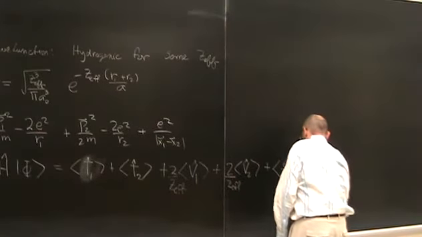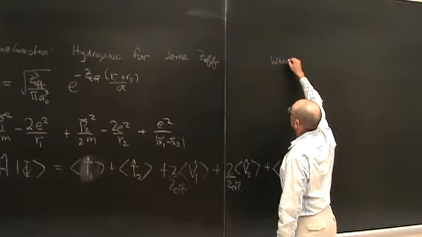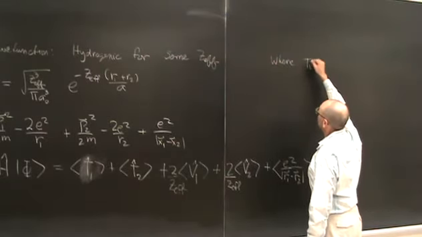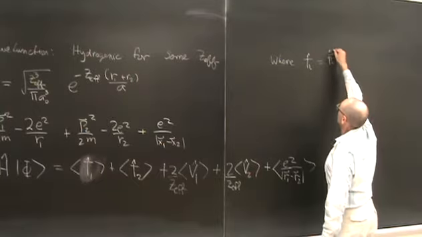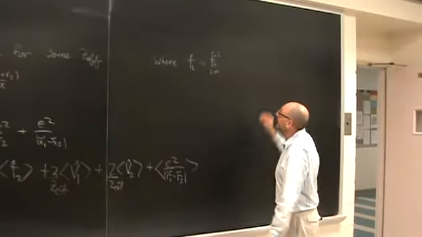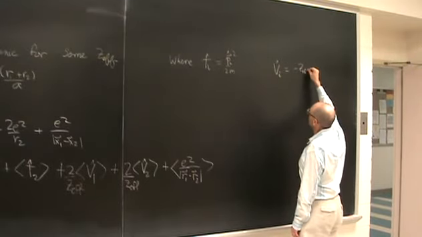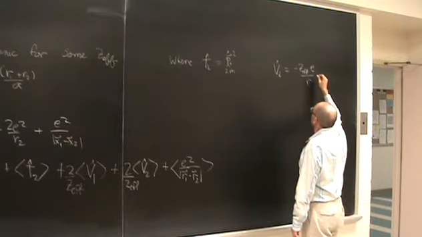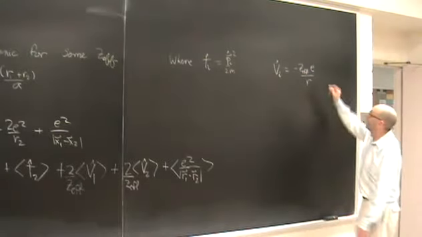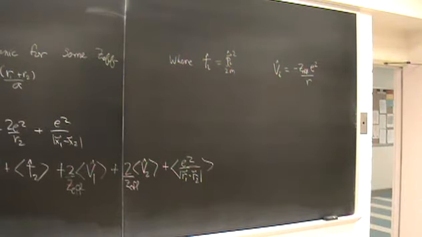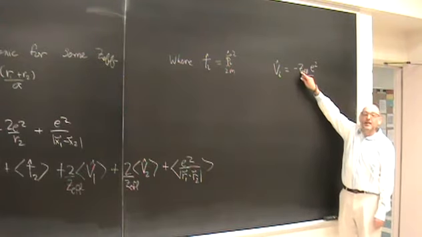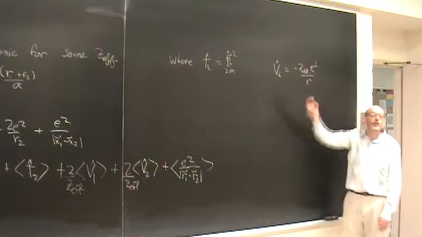Okay, where T sub i is the kinetic energy of each of the electrons, and V sub i is minus Z effective e squared over r, so it's the potential energy associated with a hydrogenic atom whose atomic number is Z effective. Okay? I just rewrote it that way.